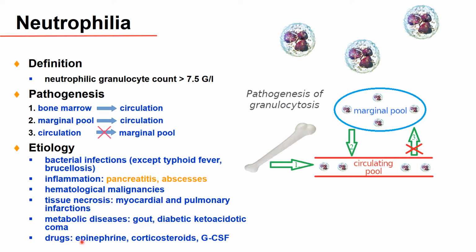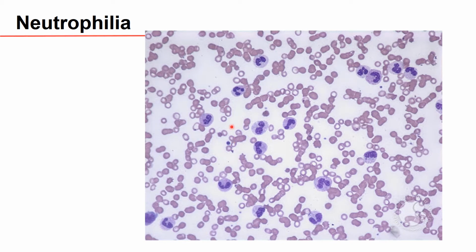Or drugs, as I mentioned before, epinephrine, when we have a sympathetic stimulation, or corticosteroids, or if somebody got, for example, a granulocyte colony stimulating factor injection, this will increase the number of neutrophil cells. Now, this is how neutrophilia looks.